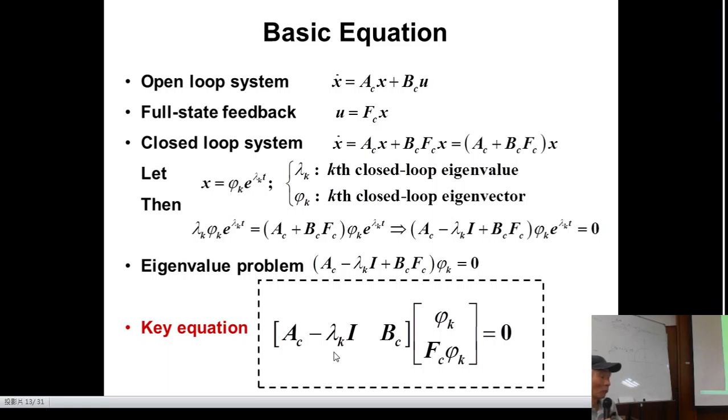Because k can be 1, 2, 3, 4, 5, 6 to 10. However, if they come as a complex and conjugate pair, then you can count only 1, because for a complex eigenvalue, the key equation will come back with the conjugate eigenvalue. It's also this key equation too.